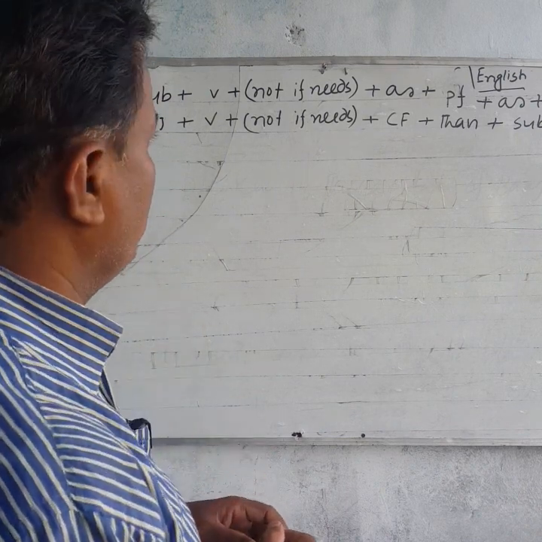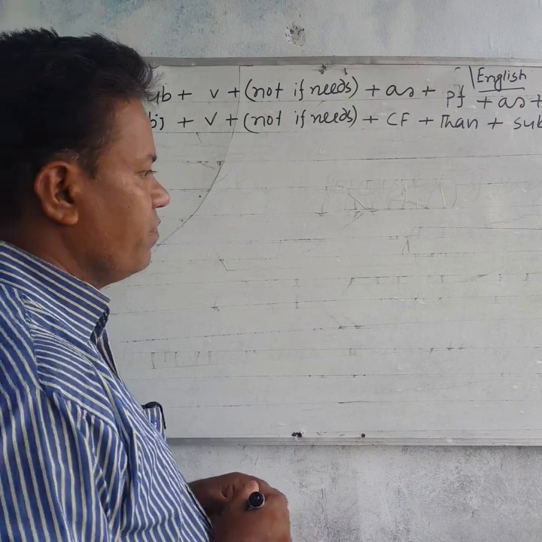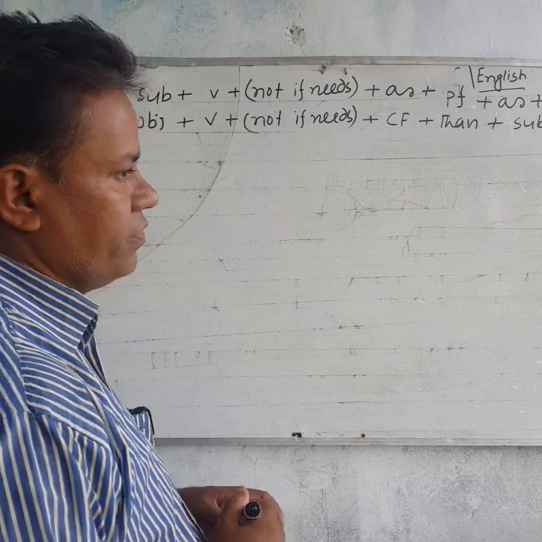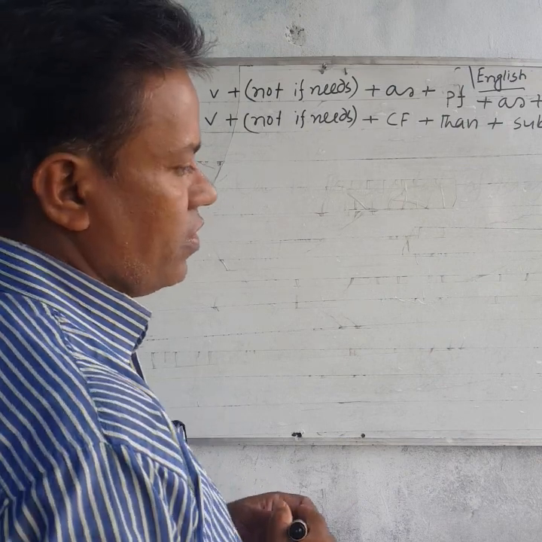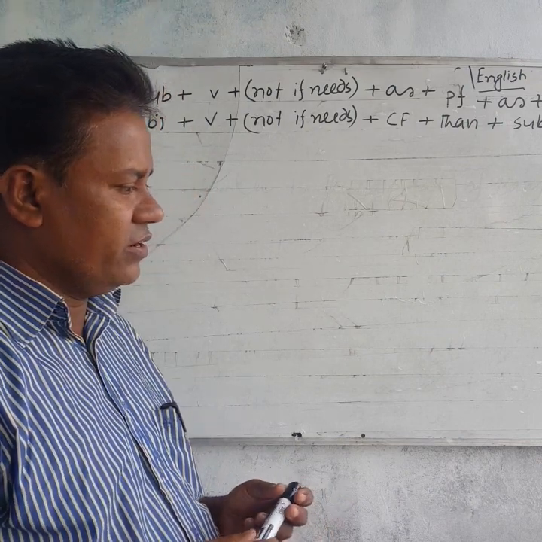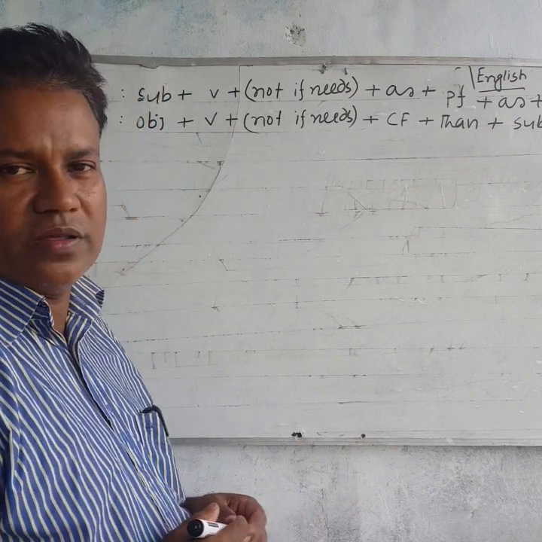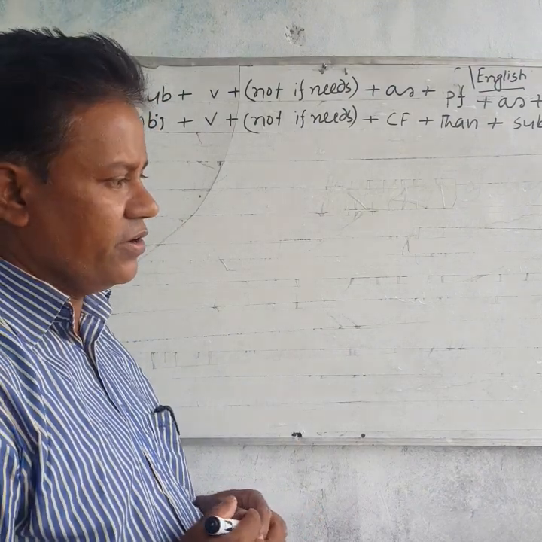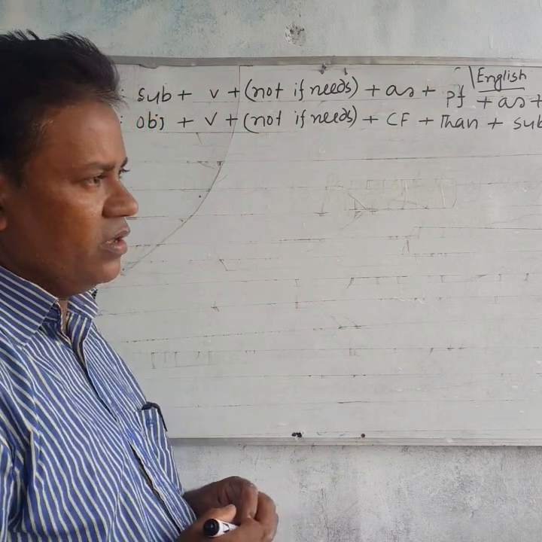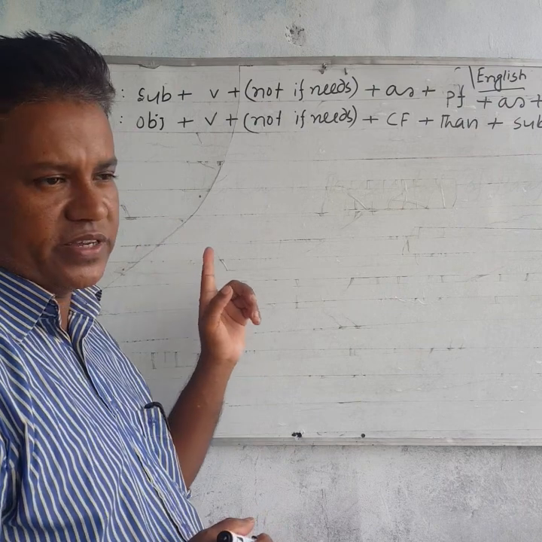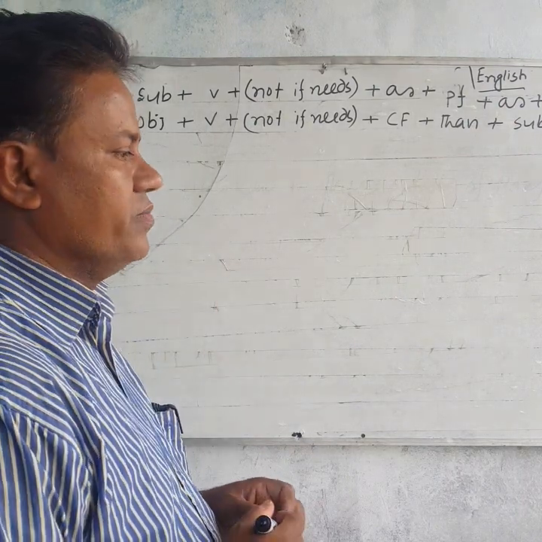This rule does not contain any superlative form, so only two forms. You have to understand or recognize this sentence or this degree whenever you will see a comparison between two things. Firstly, subject and object.